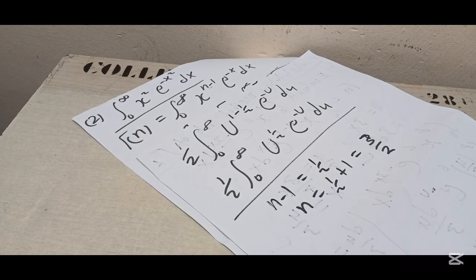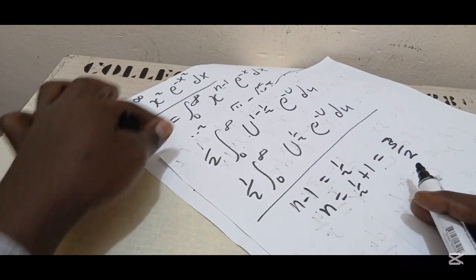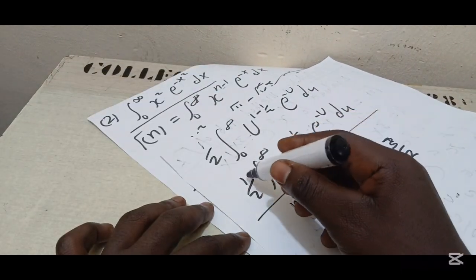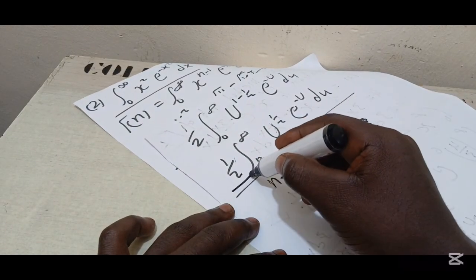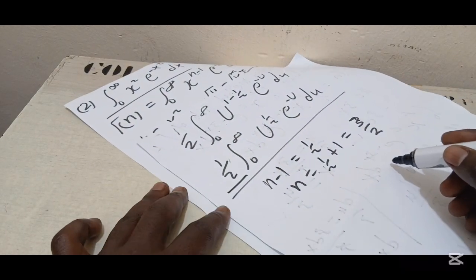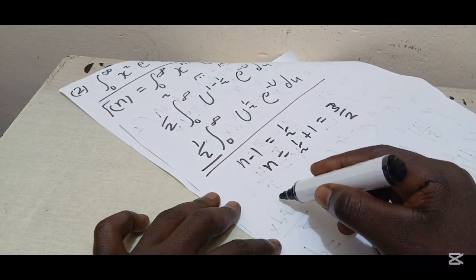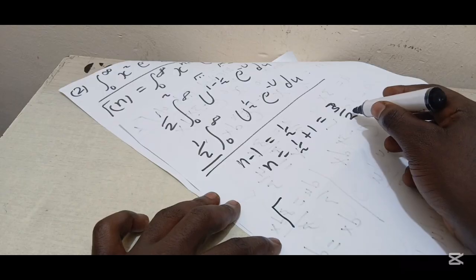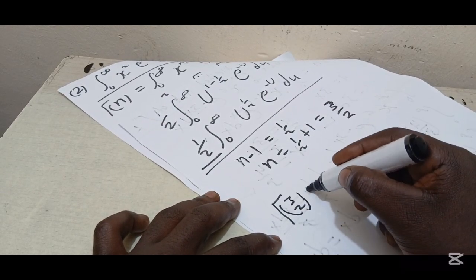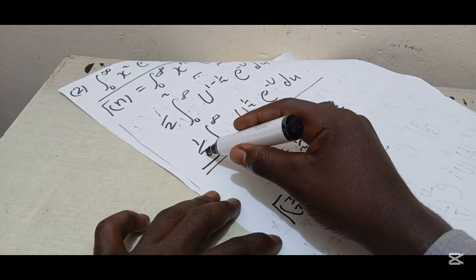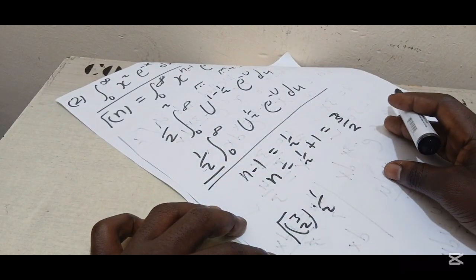So 3 on 2. But don't forget that we said our gamma n equal this. So any term that we get here, any numerical value in this form, is going to affect our gamma n. So we know that our n equal 3 on 2. So our gamma 3 on 2 multiplying half, this numerical term, we are going to multiply by the gamma value that we get.